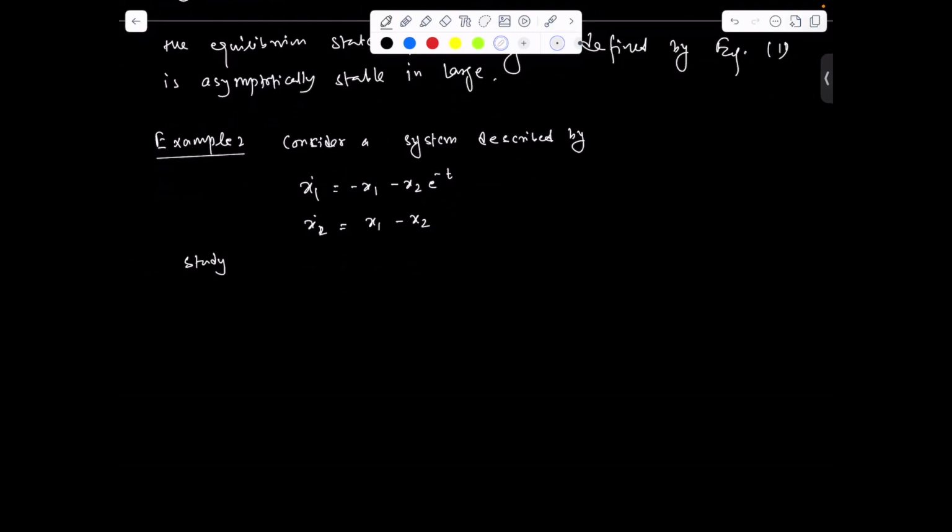Study the stability of the above system using Lyapunov's theorem.